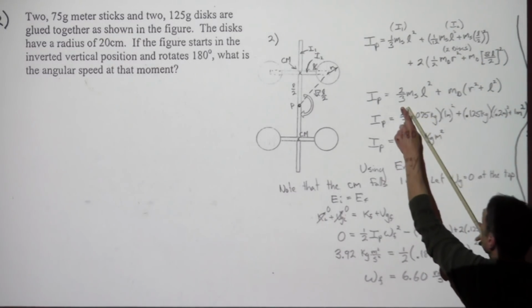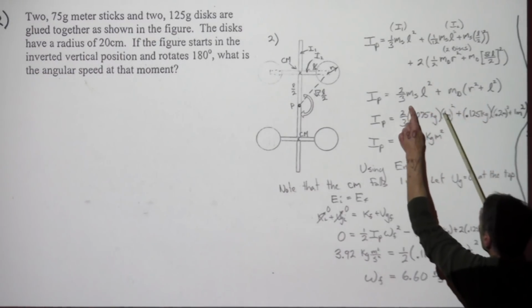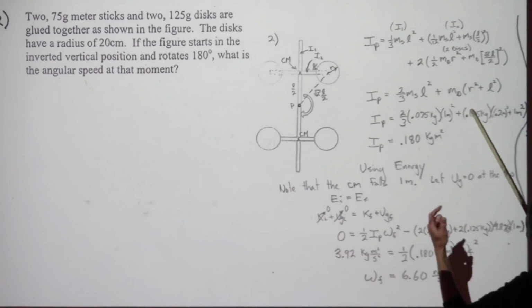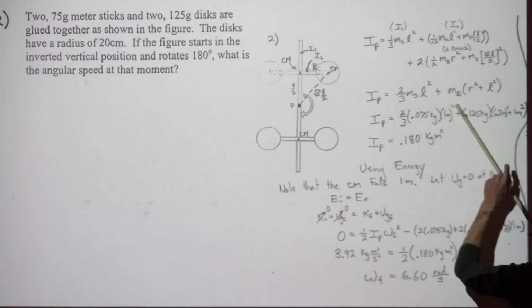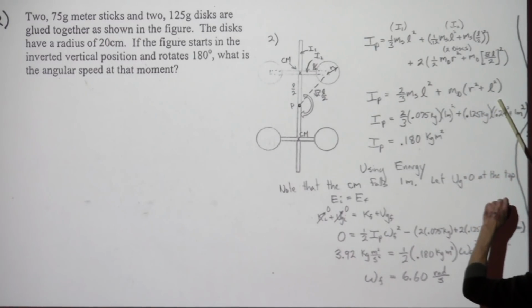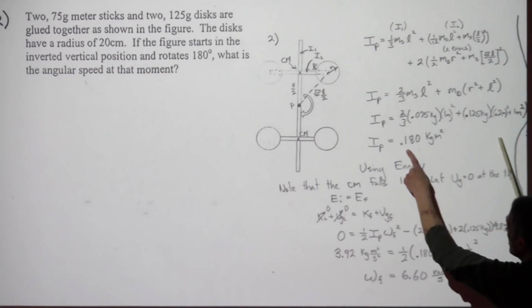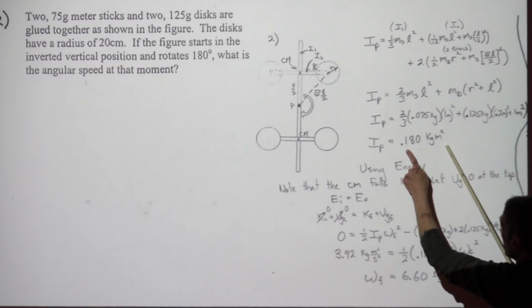We have 2/3 m L squared for the sticks, and then the disks are going to end up being this. Go through this on your own, see if you can come up with these numbers.